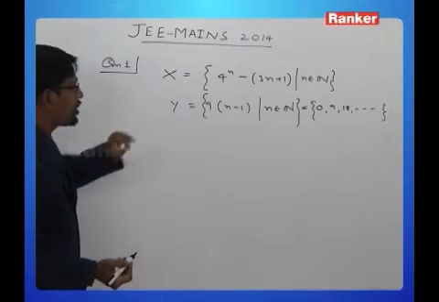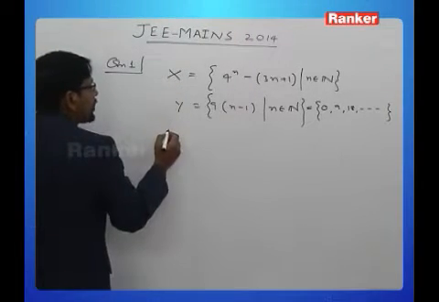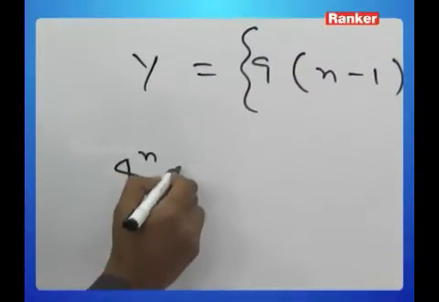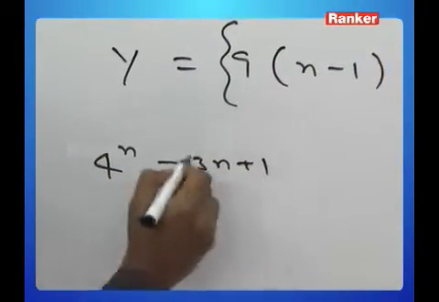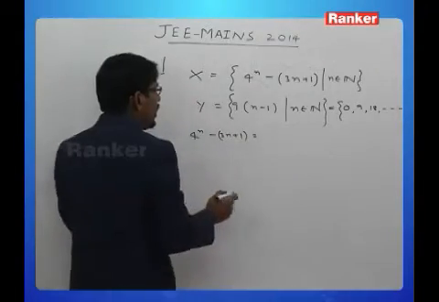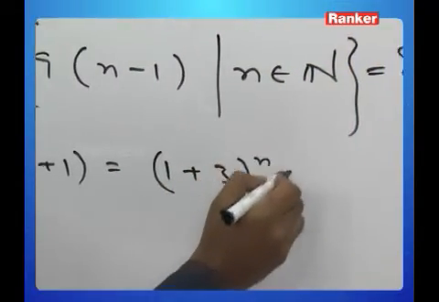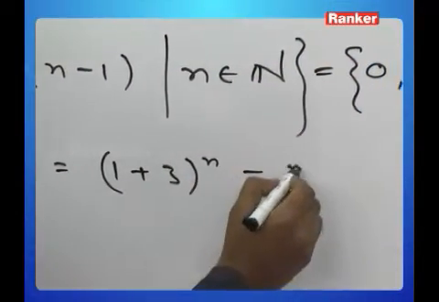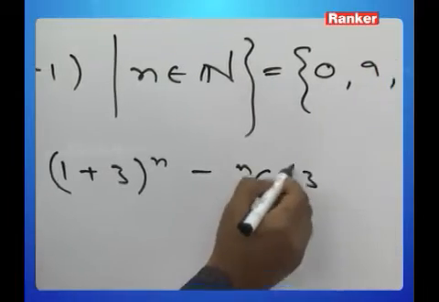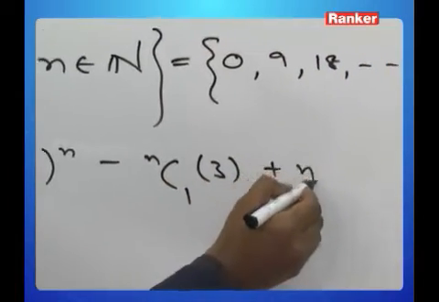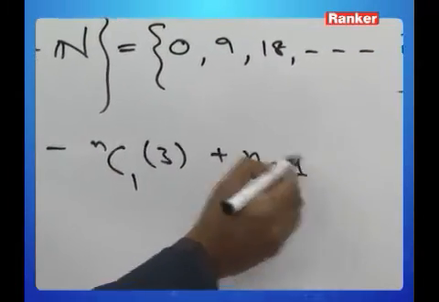Let's look at this set x. 4 power n minus 3n plus 1. We can write this as 1 plus 3 power n minus nC1 into 3 plus nC0 into 1.